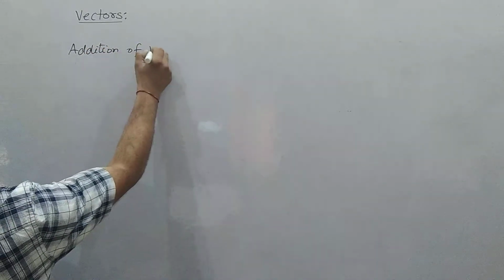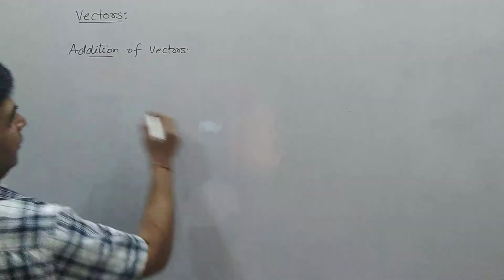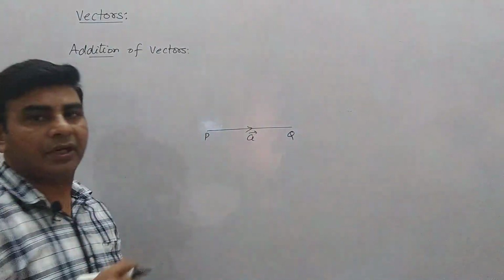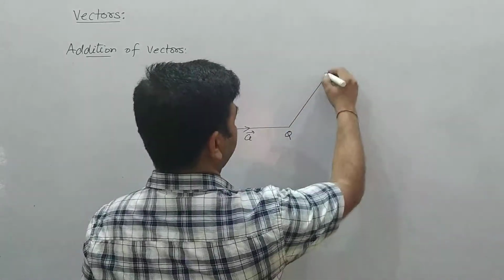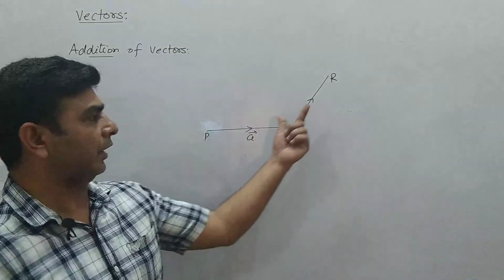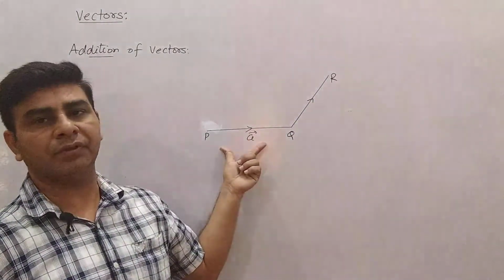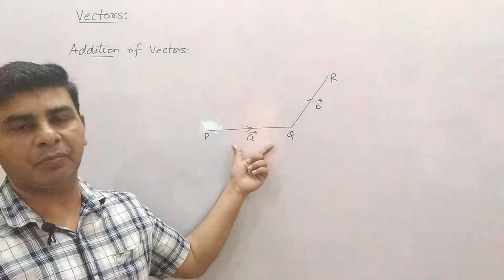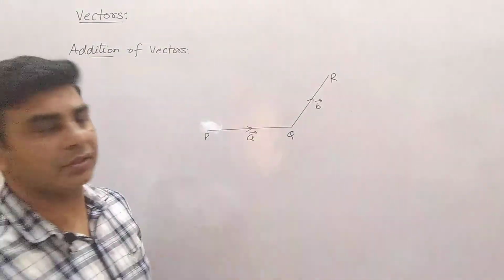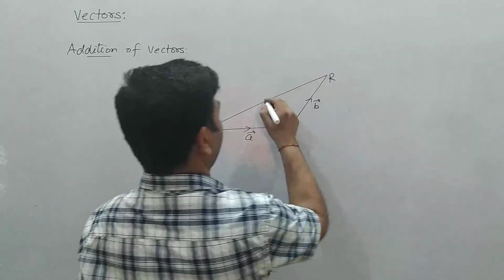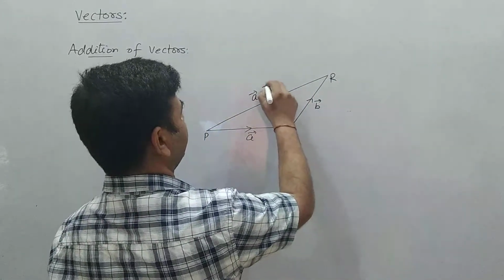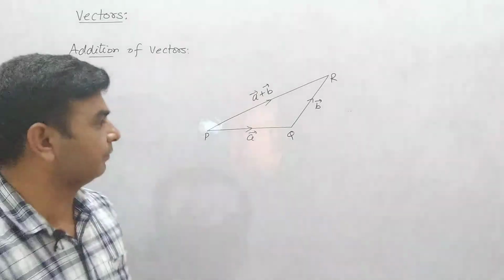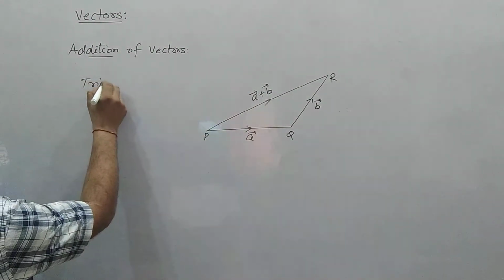For that, let us consider a vector A which is directed from P to Q, and there is another vector B which is directed from Q to R. Now the initial point of QR is the terminal point of PQ, meaning the initial point of vector B is the terminal point of vector A. Then addition of these two vectors is given by the direction from P to R, and this is represented by vector A plus vector B. The sum of the two vectors is given by the addition of the two vectors with respect to i cap, j cap and k cap, and this is known as your triangle law.